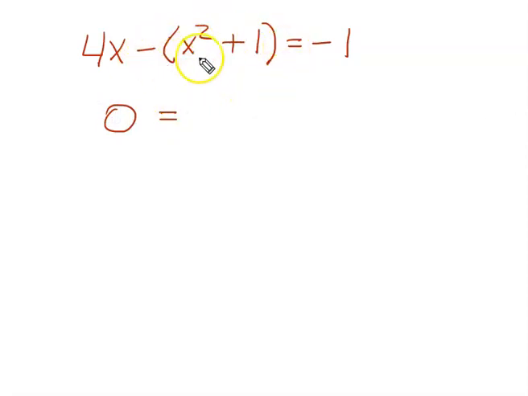This on the other side becomes a positive x squared plus 1. And this is already over there, -1. And now I'm going to bring this over to the other side as a -4. So all I've done is I've put this in standard form.